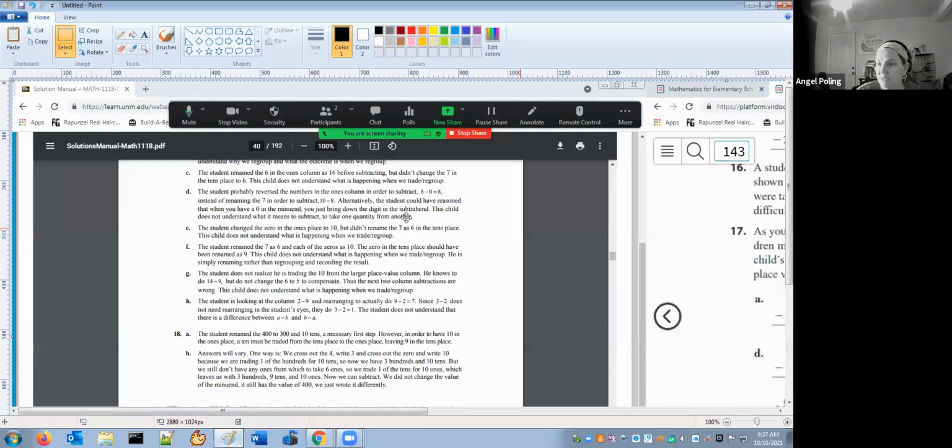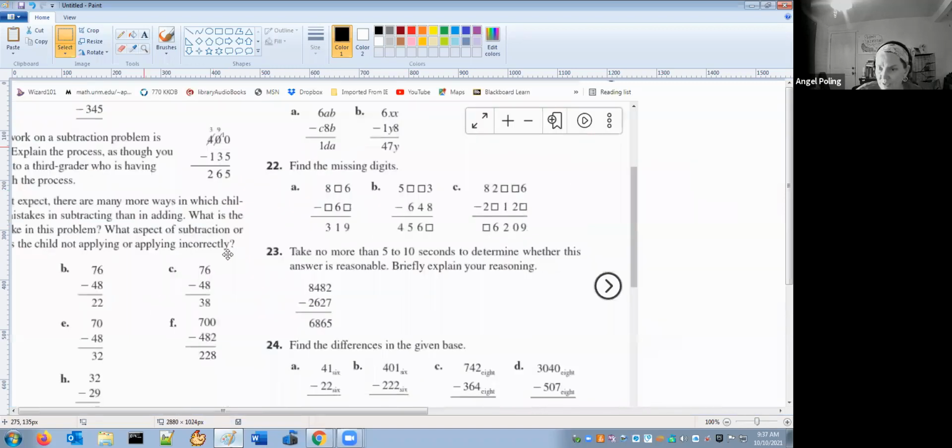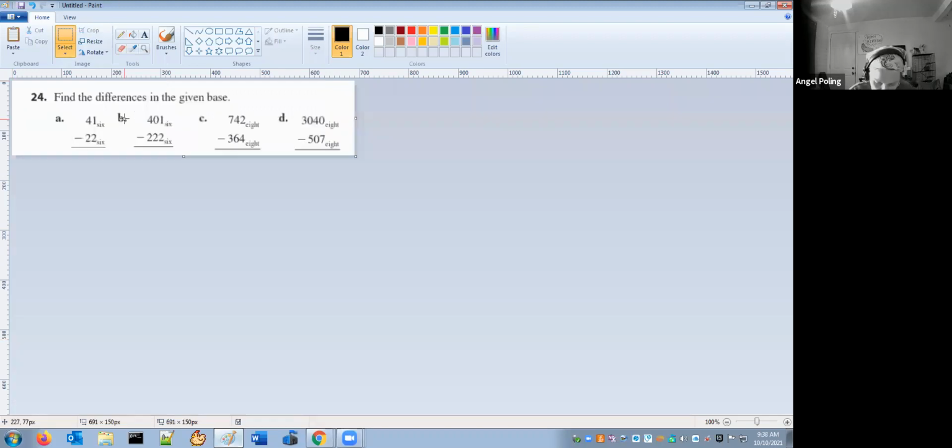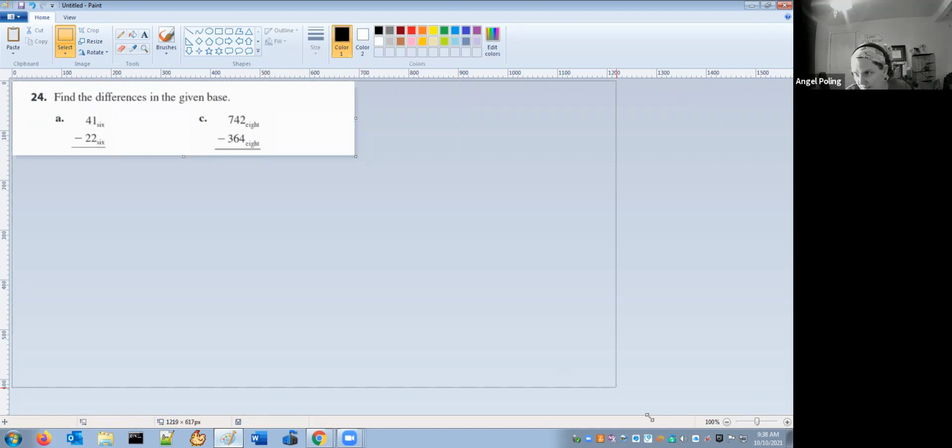So let's go ahead and take a look at 22 and 24. I might save 22 actually for class on Wednesday. So let's do 24. And we don't have to do all of them. We just have to do A and C. So just one of the base 6s and one of the base 8s, right?